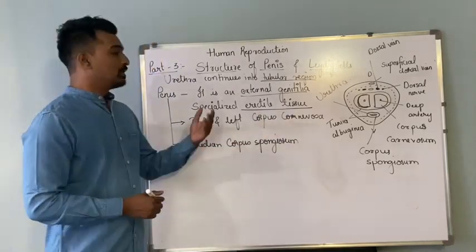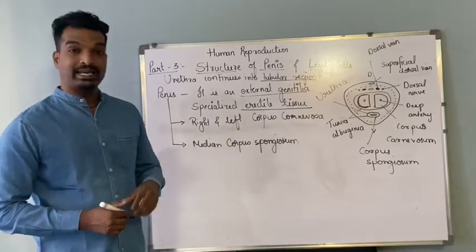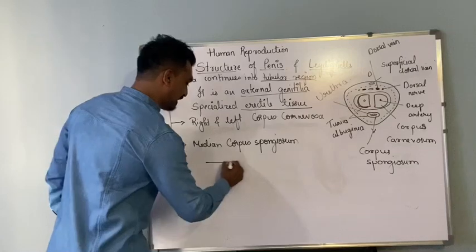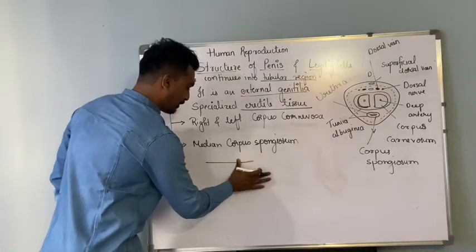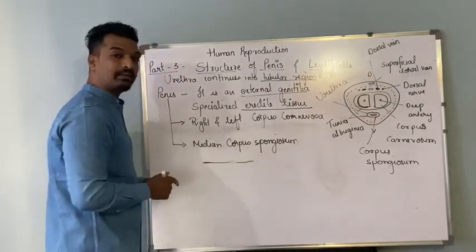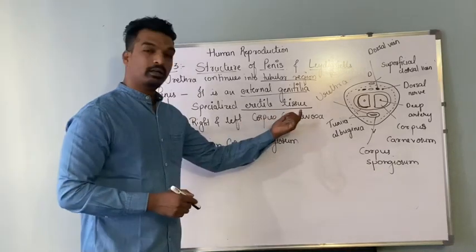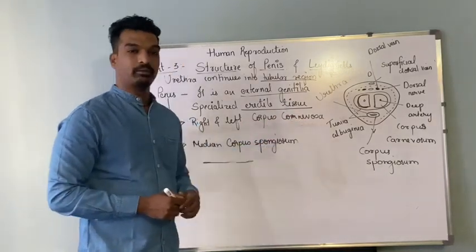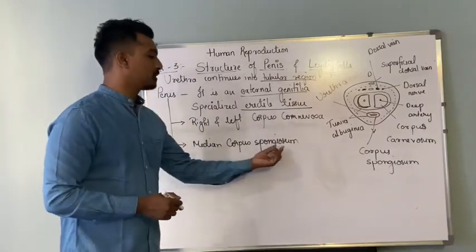Now there are 3 erectile tissues, longitudinally arranged erectile masses: 2 on the right and left, the corpus cavernosa, and the corpus spongiosum.